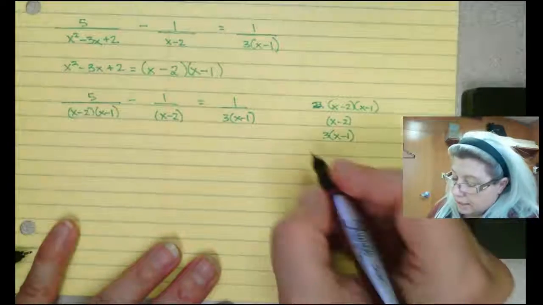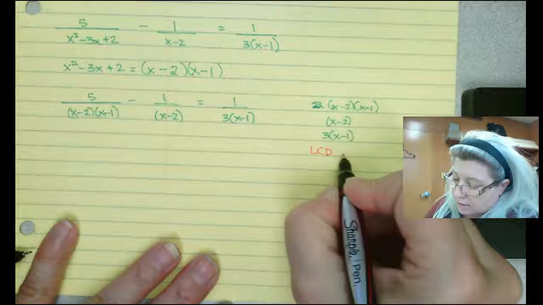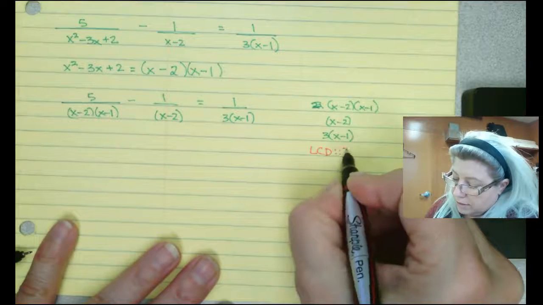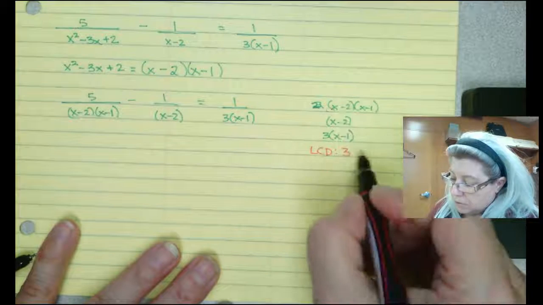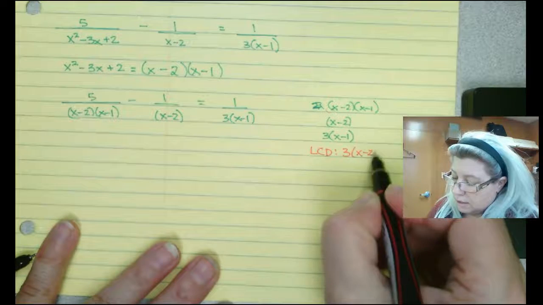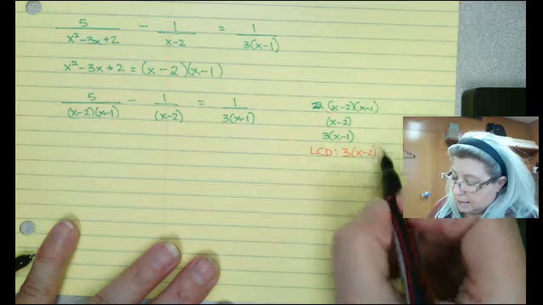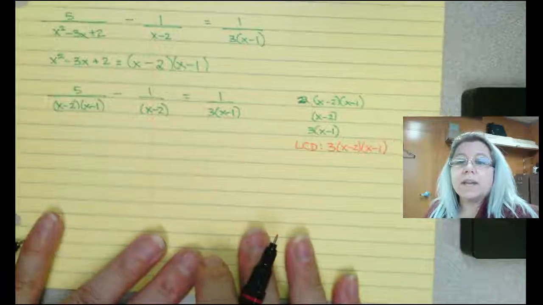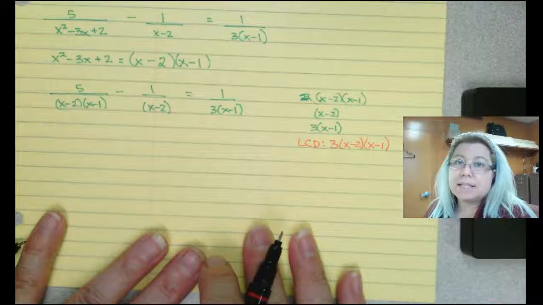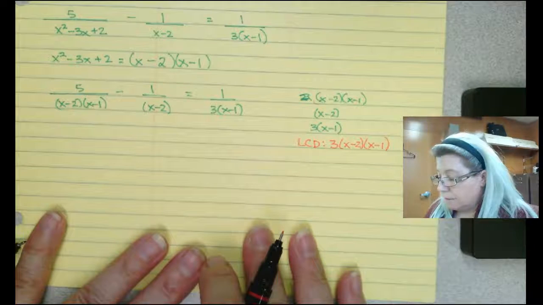Here's for my LCD. I need this 3. I need this x minus 2. And I need the x minus 1. So my LCD is 3 times x minus 2 times x minus 1.